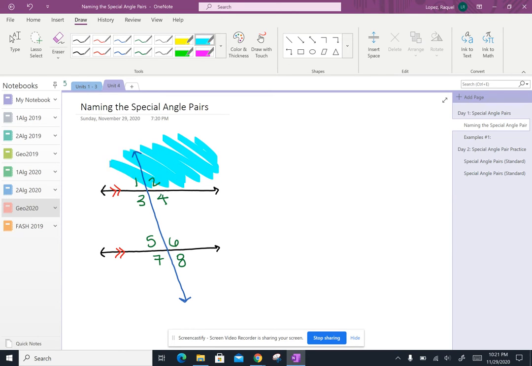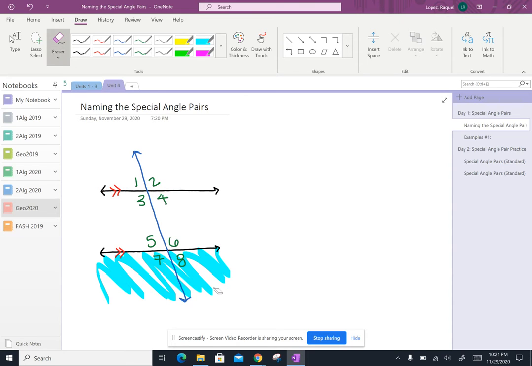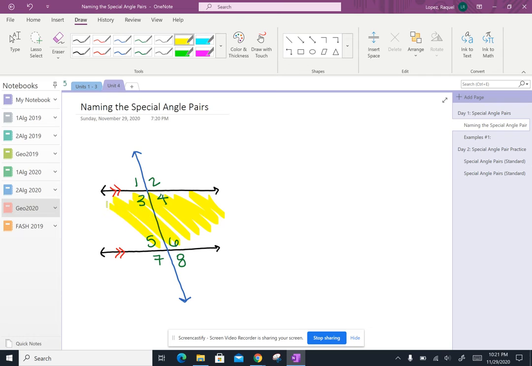The region that I'm highlighting in blue is known as the exterior. Notice that it is outside of the parallel lines. The region that I'm highlighting in yellow is known as the interior. So the interior is in between the two parallel lines.